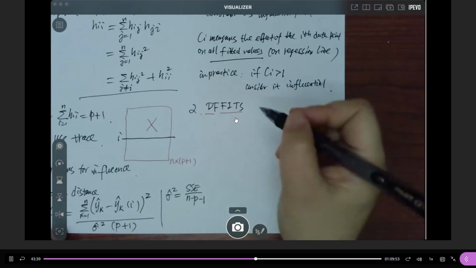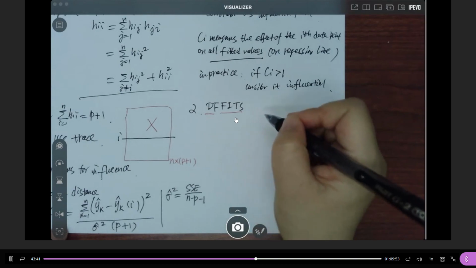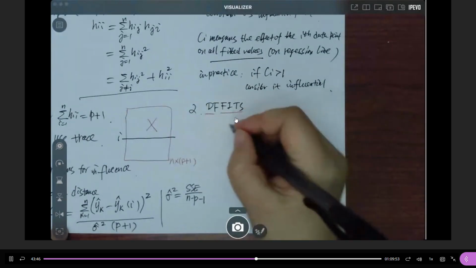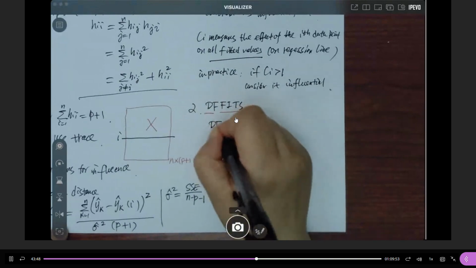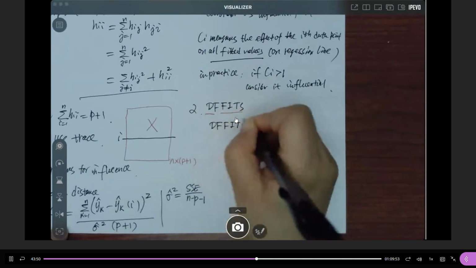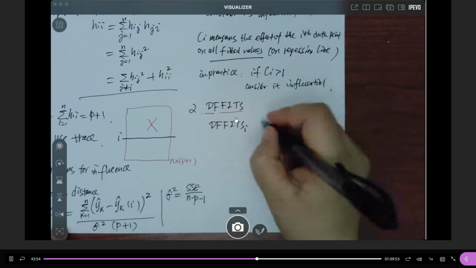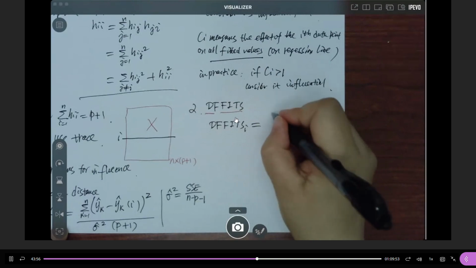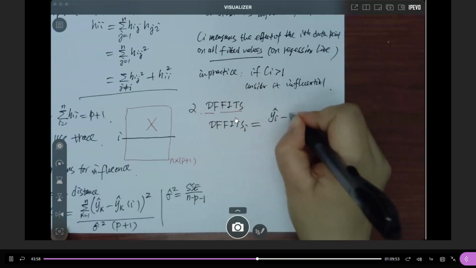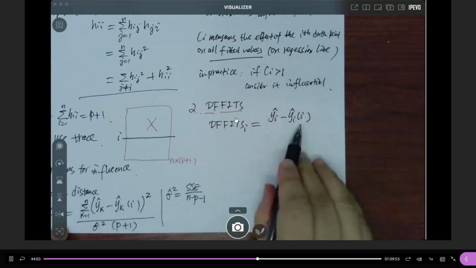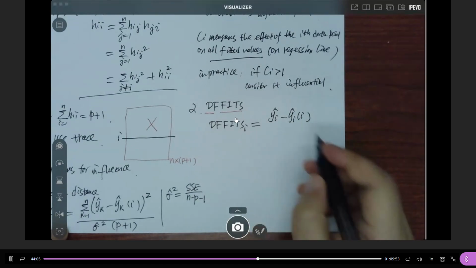So the second method is called the DFFITS, the difference in fits. It is defined as DFFITS of the ith data point equal to y hat minus y hat with the ith deleted. Again, it comes from a different model.